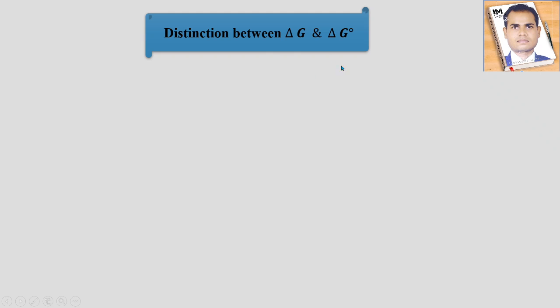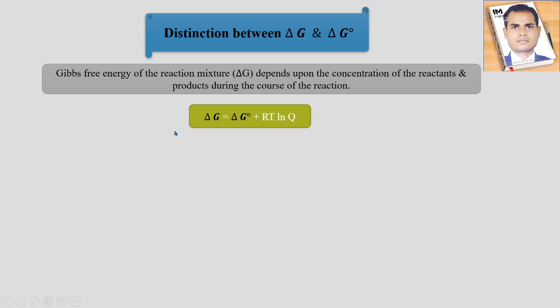Now we have to see the distinction between ΔG and ΔG0. The Gibbs free energy of the reaction mixture, ΔG, depends totally on the concentration of the reactant and product during the course of the reaction. We have to remember this.